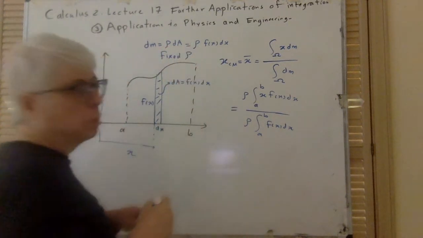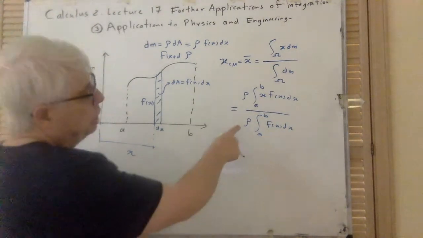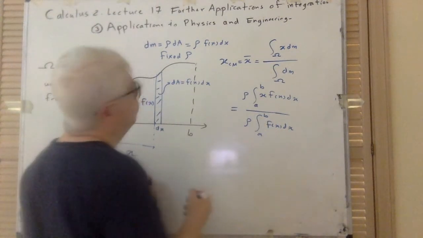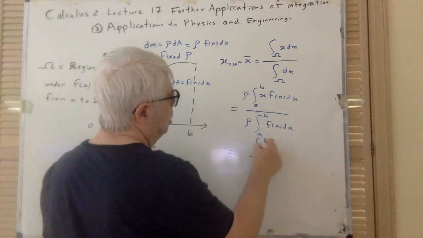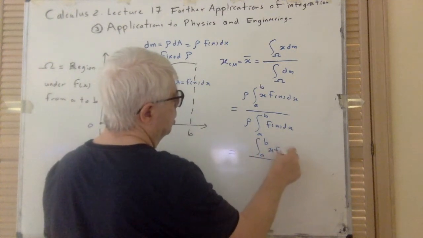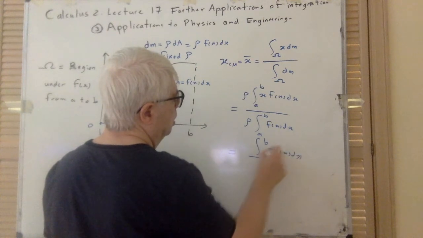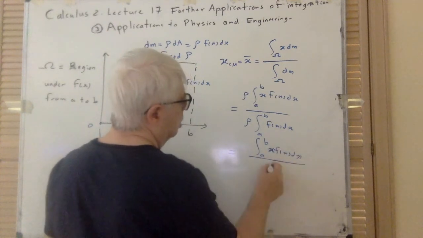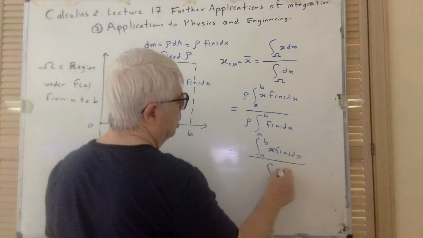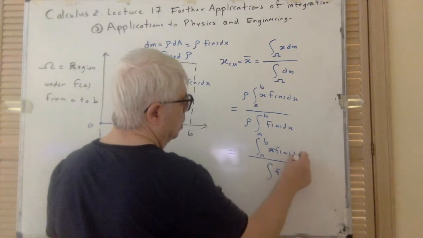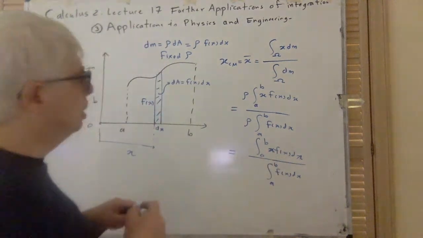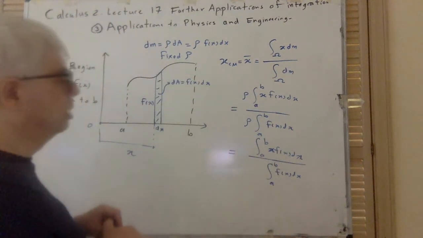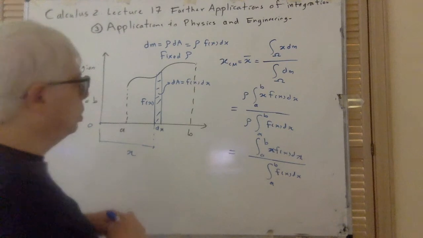So we are assuming a fixed rho. If rho changes with x, then you have to include rho inside. So fixed rho will give me the integral from a to b of x f(x) dx over the integral from a to b of f(x) dx. Okay. So that is the x of center of mass when rho is fixed.